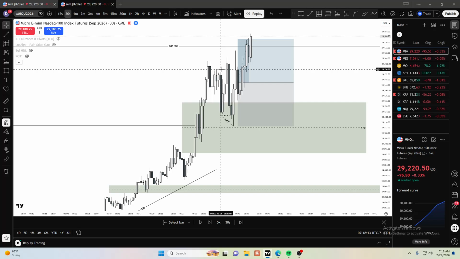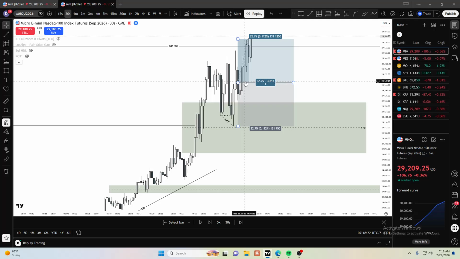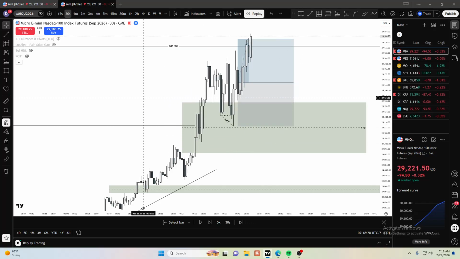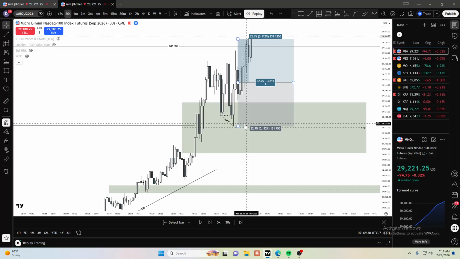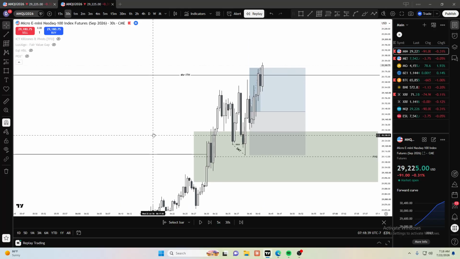But we just didn't end up doing that. We just accumulated, stop raided, and then it was just choppy right here. So is it the best condition to be taking a short, especially with this 5 minute right here underneath this 3 minute? No, it's not the best.